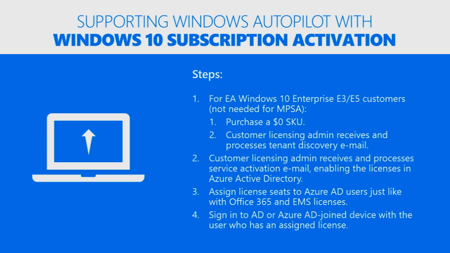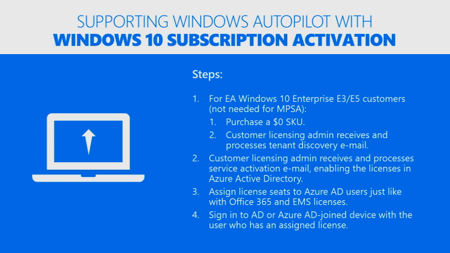So they'll get that email and then they'll need to sign in with an Azure Active Directory account to make the link between those two. Because you could have multiple Azure Active Directory tenants. Well, we don't know which tenant is the one that you want to use with this. So we put that burden on the tenant admin, the volume licensing admin for your company.